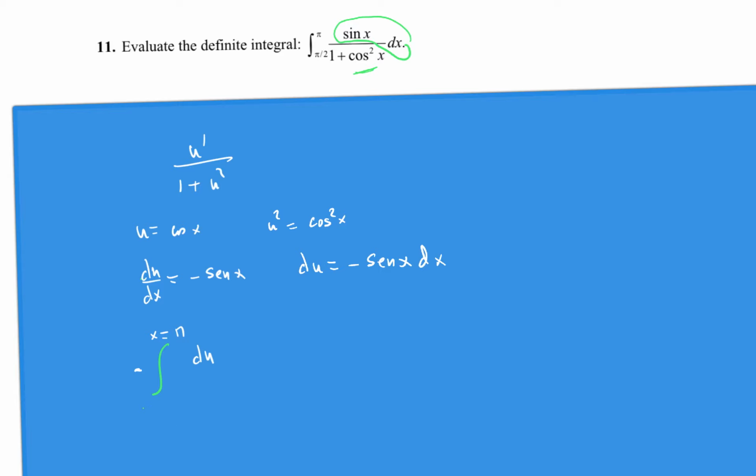Let's find the limits of integration. du, let's write first. The du divided by 1 plus cosine squared, plus u squared. And this integral is arctangent of u.